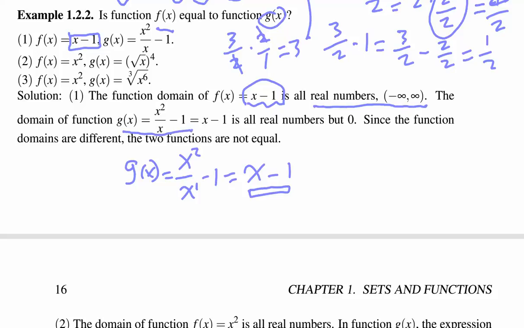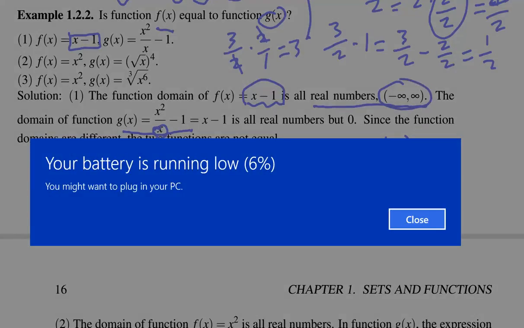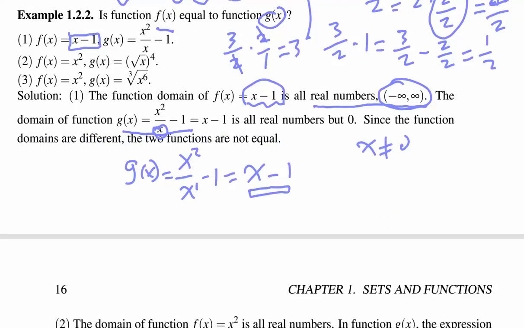You see right here, you cannot plug in 0 here. So that's the difference. Since the domain downstairs here is x not 0, but here 0 is included, then you may see the two functions are not equal.